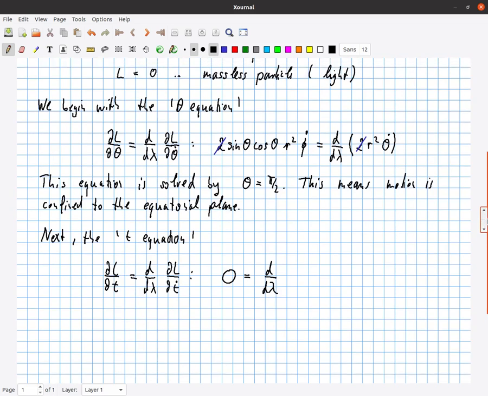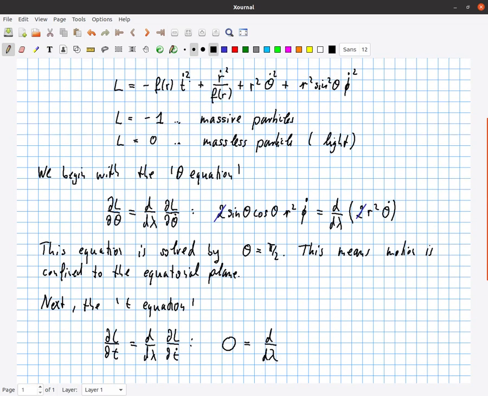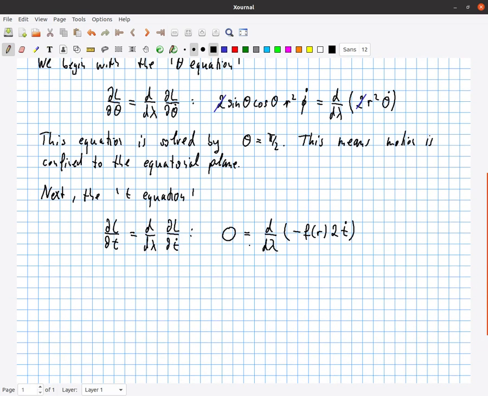And if we differentiate our Lagrangian here with respect to t dot, what we get is minus f of r untouched, and here we get 2 t dot. We have a derivative here which we are not applying to the right-hand side, because we can immediately integrate this equation. Minus f of r t dot.